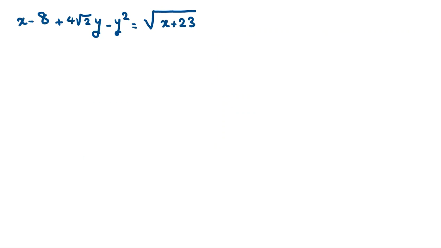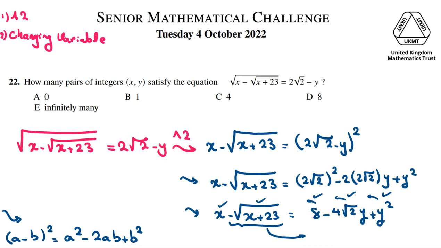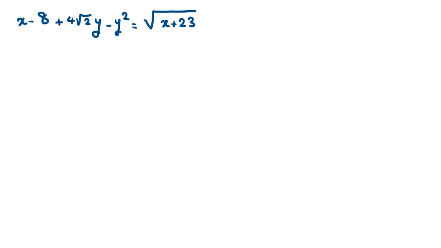Now, as I said, when you see square root, you should raise to the power of 2 or change variable. Here, if I want to change variable, I have 4 root 2 y minus y squared minus x plus 8 equal to square root of x plus 23.